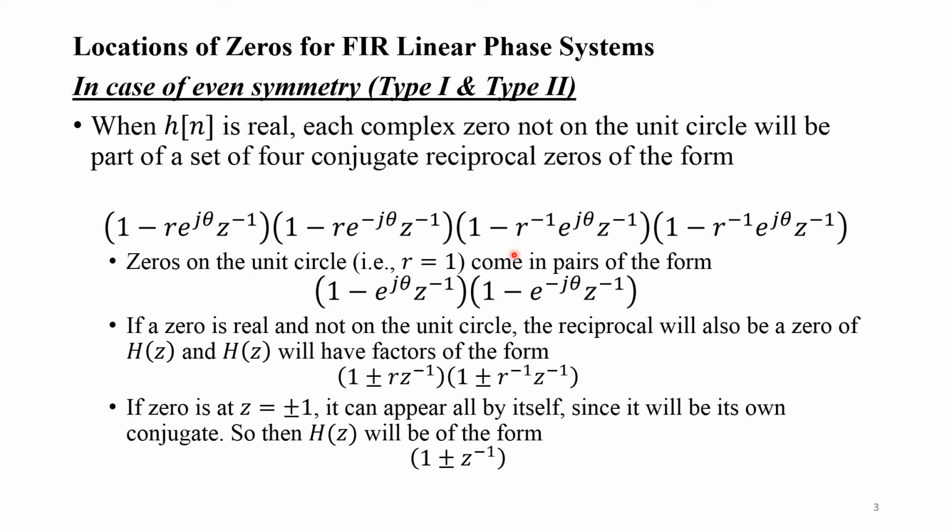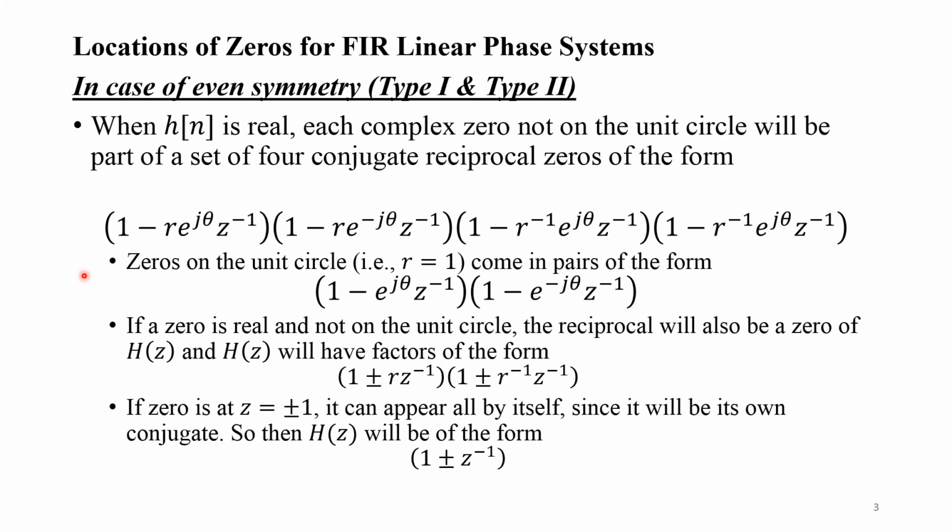In case zeros are on the unit circle, that means r equals 1, and then the z transform equals the discrete time Fourier transform. In that case we will have zeros in conjugate pair, so 1 minus e^(j theta) z inverse and 1 minus e^(minus j theta) z inverse.